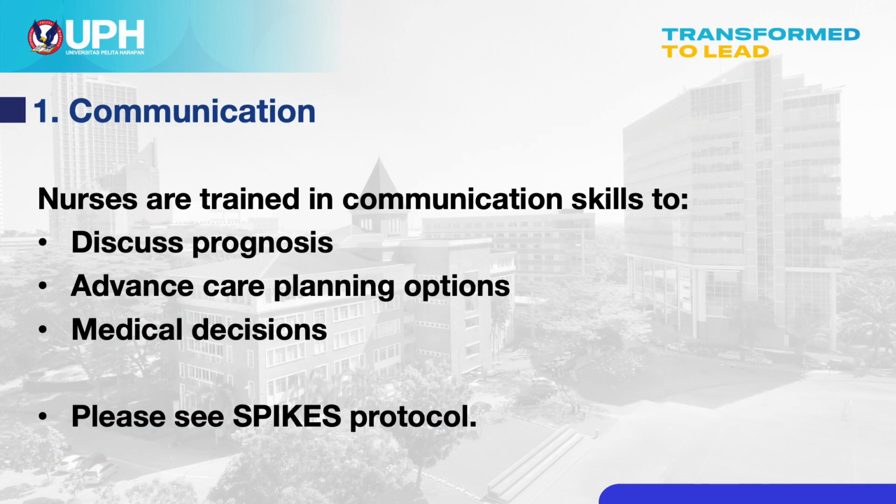The first aspect is communication. We, as nurses, are trained in communication skills. In palliative care, specifically, we discuss prognosis and advanced care planning options, what options the patient and family could have. The third one is medical decision.